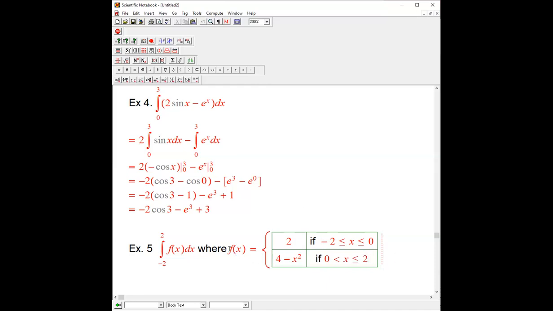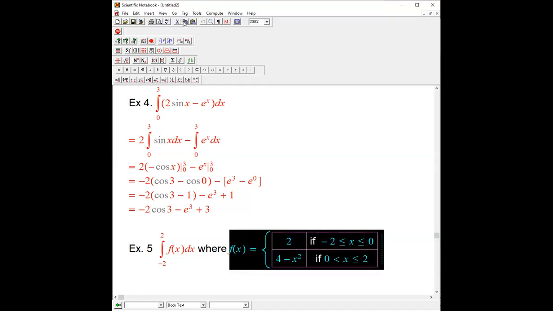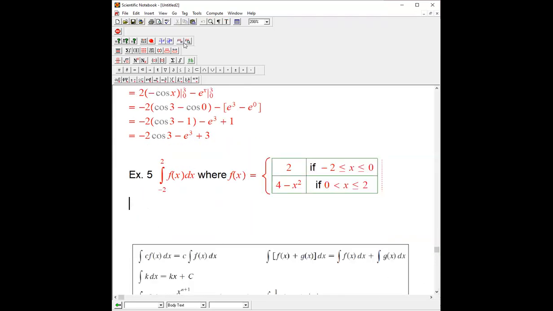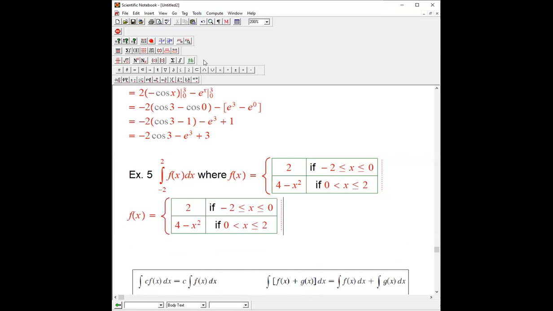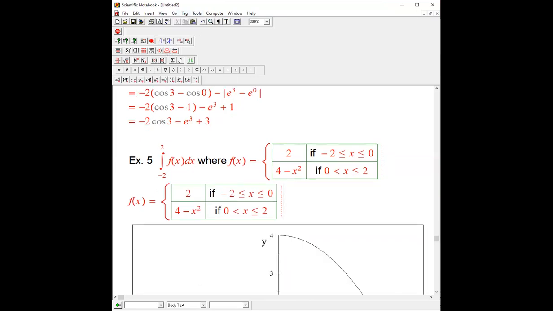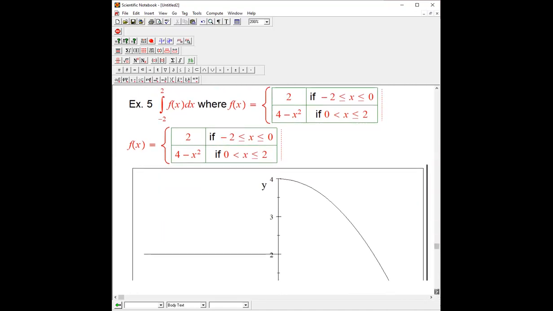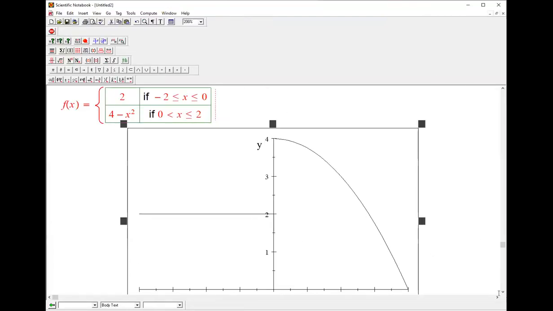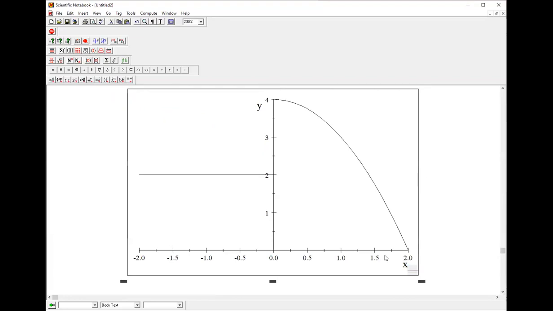If we want to look at how these functions look, let me see if the software will plot it for us. In most cases, I can expect some nice things from the software. There we go, we got it. We're going to come back to the flashcards when we need them.